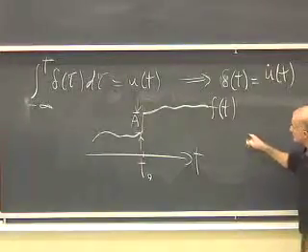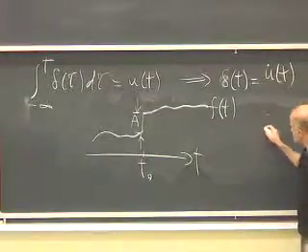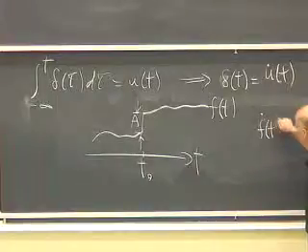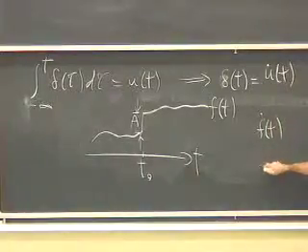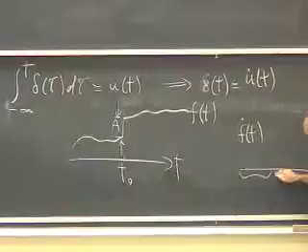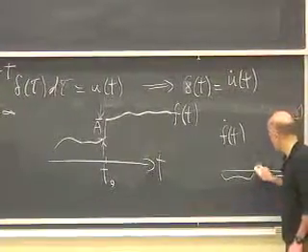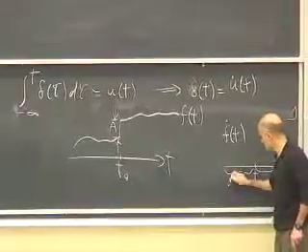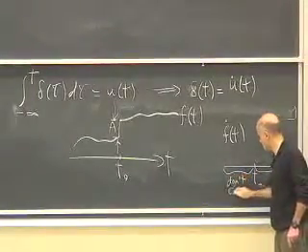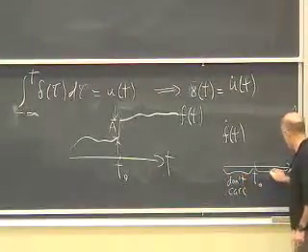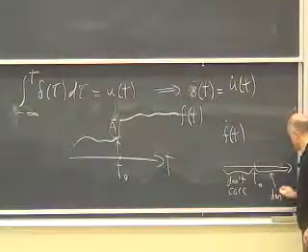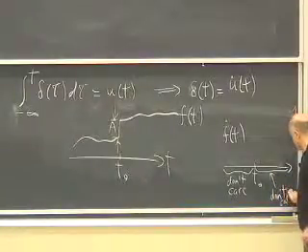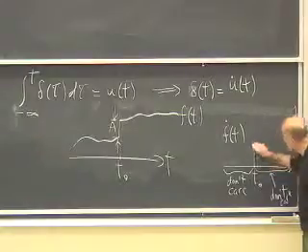So, when you differentiate f, I don't care what happens here, I don't care what happens after t naught. At t naught, I'm going to have an impulse.